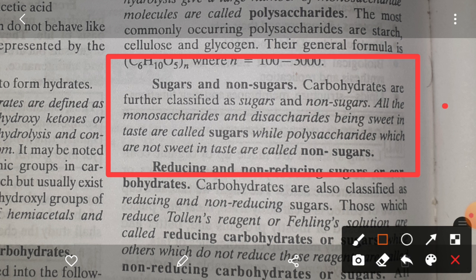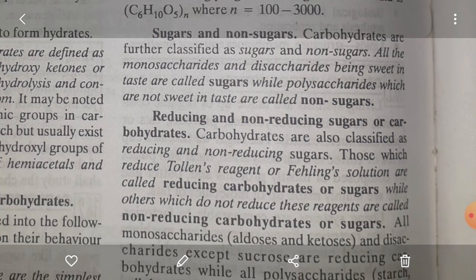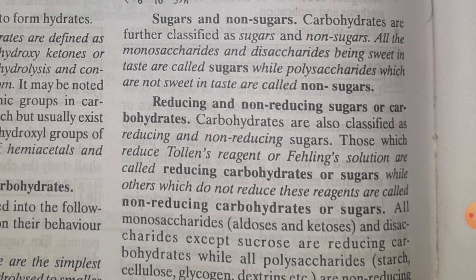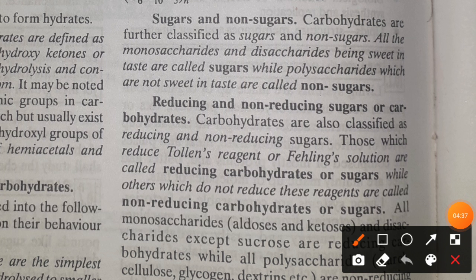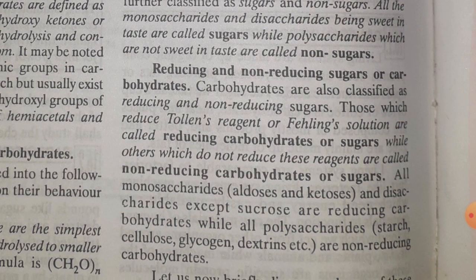This is the idea behind the classification as sugar and non-sugar: carbohydrates which are sweet in taste are sugars, and those which are not sweet are non-sugars.